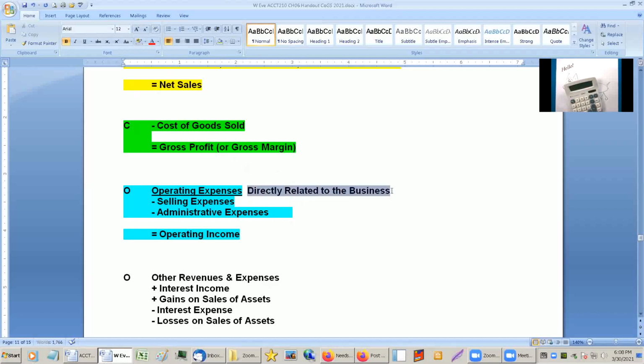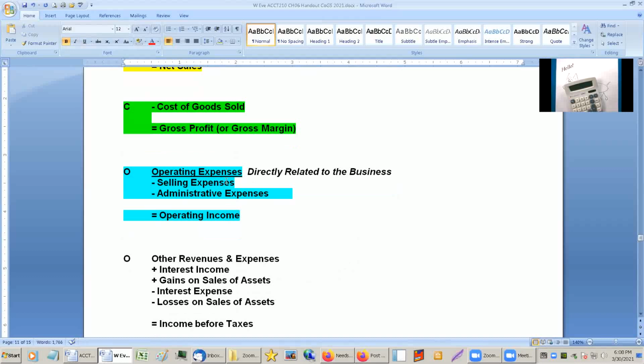Okay, so these are things that are directly related to the business. So the selling expense, whatever you do to make the sales, administrative costs are like for president of accounting, among other things. So these are directly related to the business.